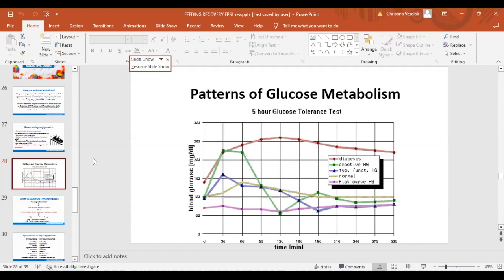For a very long time, it has been considered normal for blood sugar to rise to about 140 within an hour, but not to stay there, and to start coming down and not to go higher.